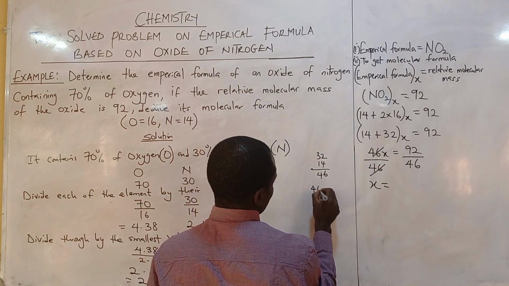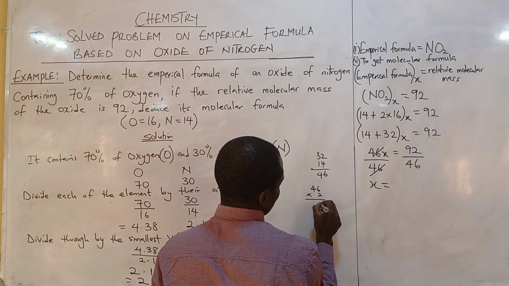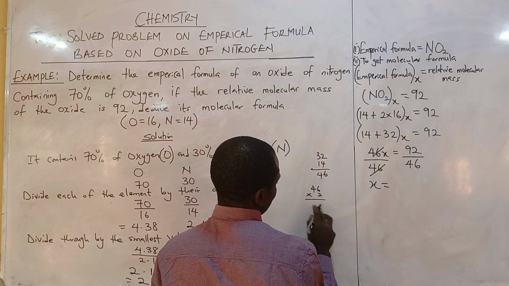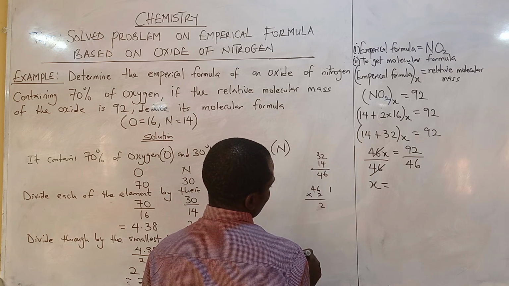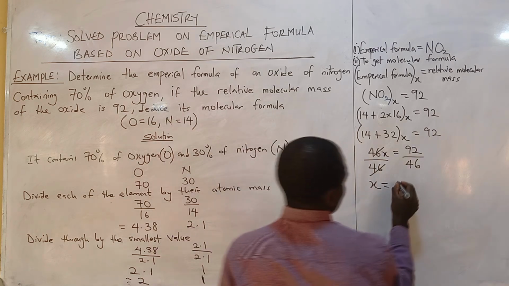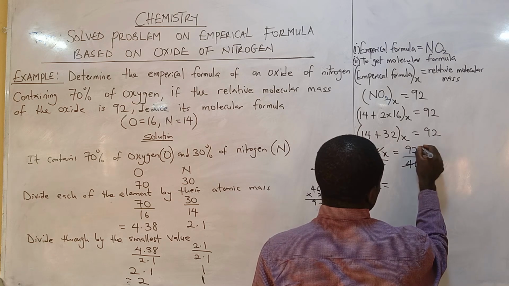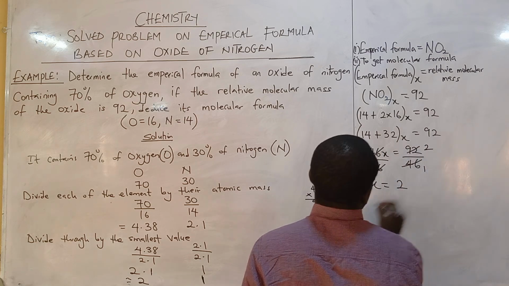Our x equals, let's say 46 times 2. 2 times 6, 12. Carry 1. 2 times 4, 8 plus 1, 9. 46 here 1, 46 here 2. x equals to 2.